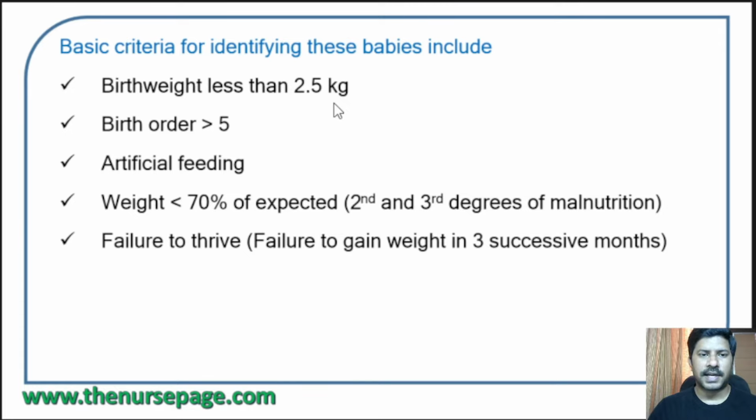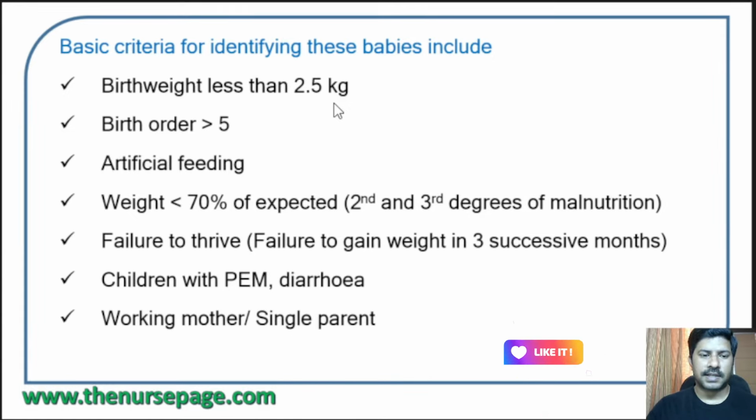That is also an indication of a high risk case. Then children with protein energy malnutrition and diarrhea. And the next thing, working mother and single parent. They are also categorized under high risk category. So a baby of a working mother or single parent is also categorized under high risk cases.